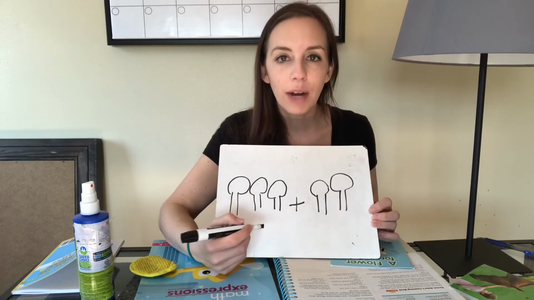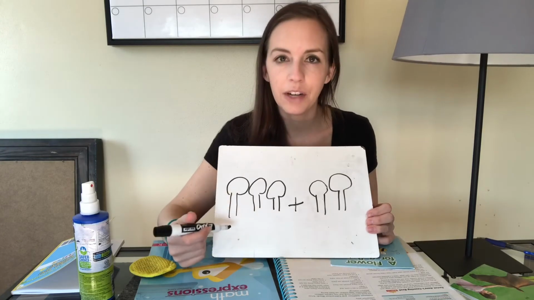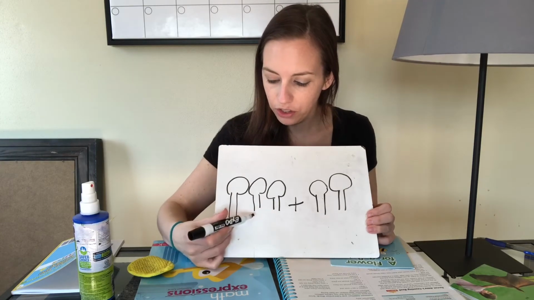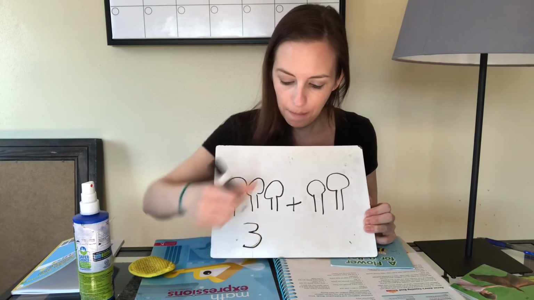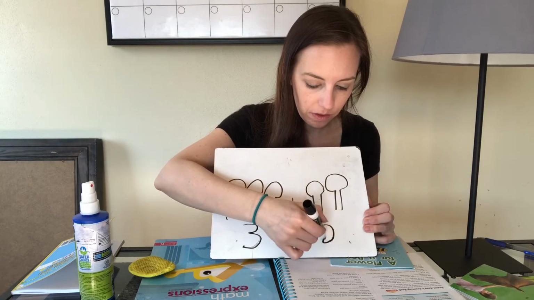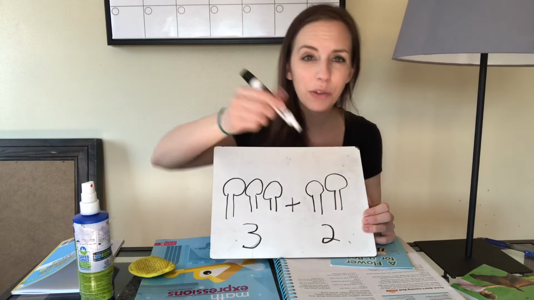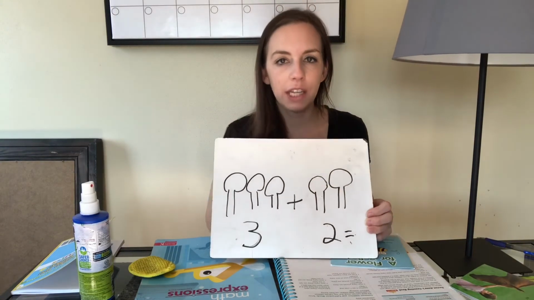Now to help me write the math equation, I'm going to count the trees here and write the number underneath. 1, 2, 3. I need a 3 plus 1, 2, and then I do always need to have my equal sign so I know what I'm looking for.